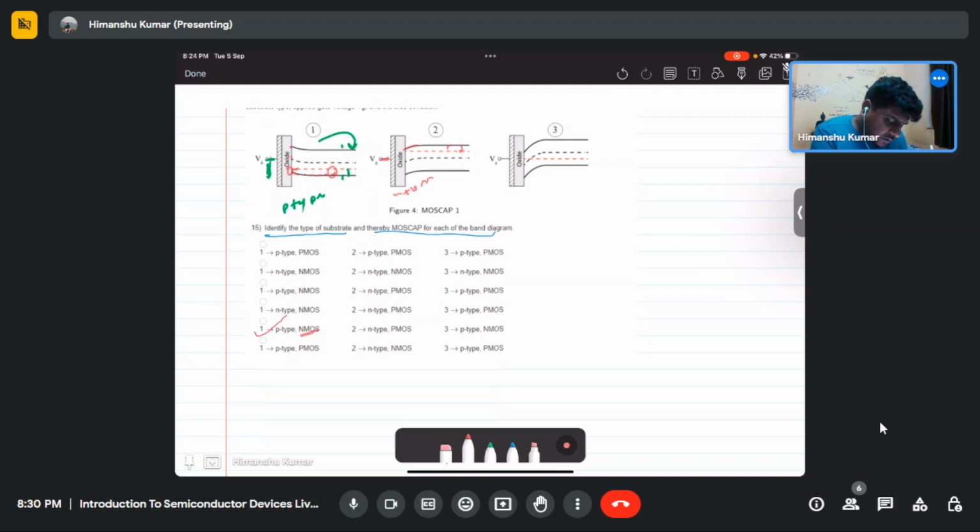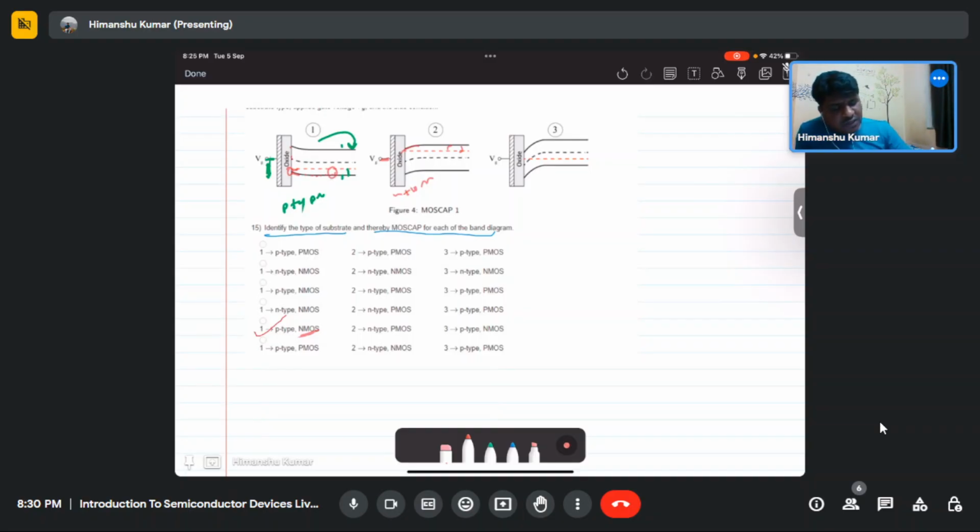Applying the positive side, the majority charge carriers are becoming more and more. So this means the inversion layer carriers are holes. That's why this is PMOS.